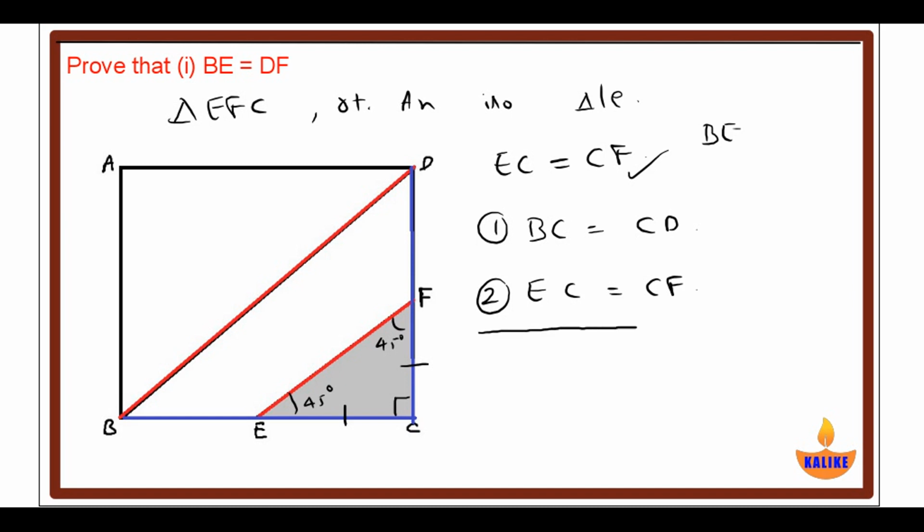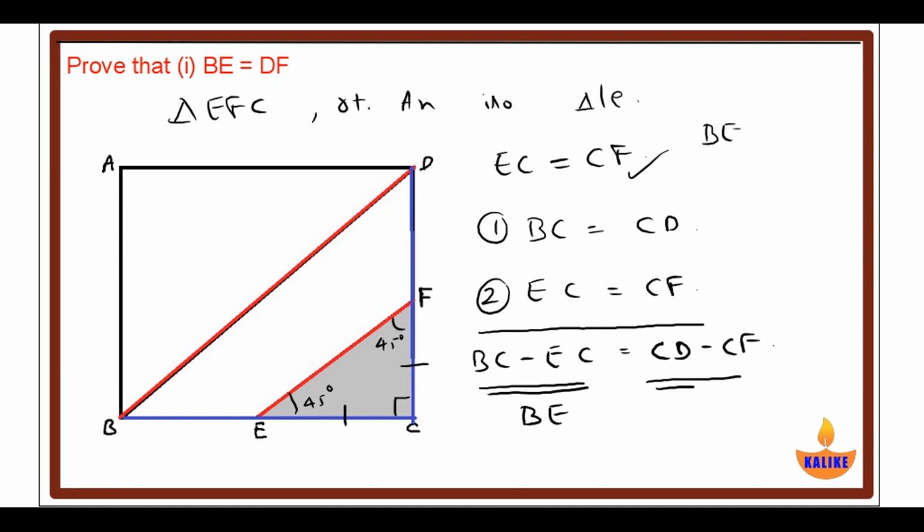Subtract 2 from 1, BC minus EC, and CD minus CF. BC minus EC gives BE and CD minus CF gives DF. So we are subtracting equals from equals. So the answer will also be equal. So BE is equal to DF.